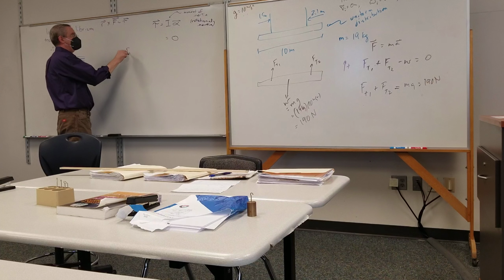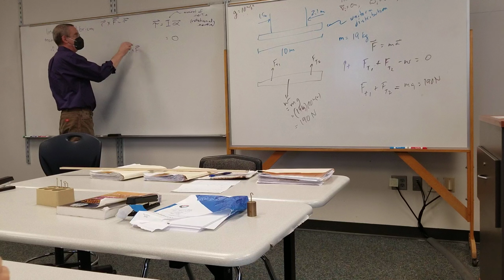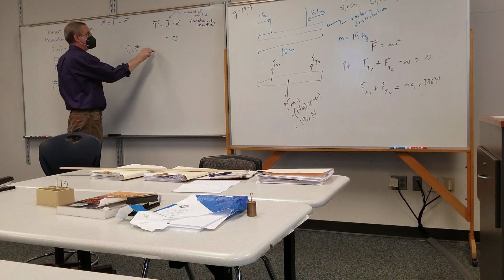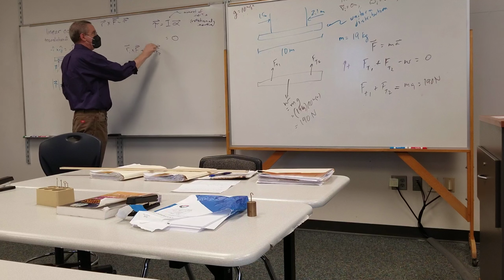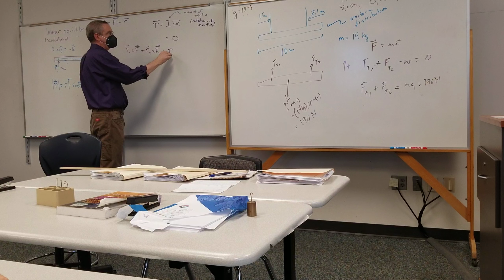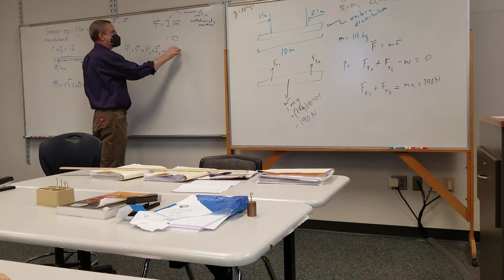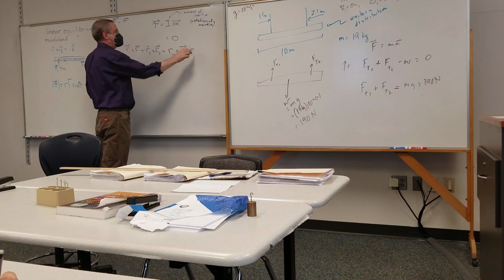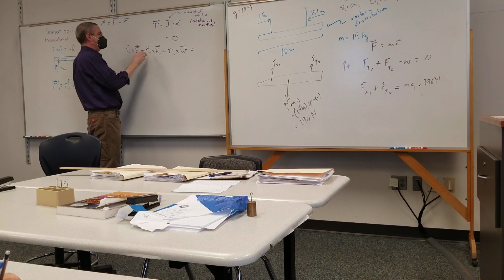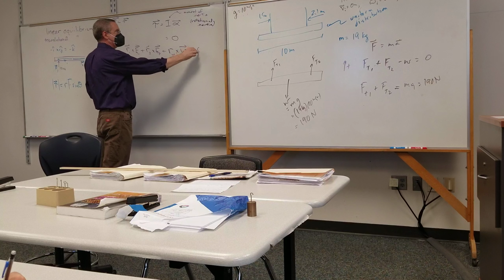So I got R1 cross F1 plus R2 cross F2 plus, I'll just call it RW cross W. Oh, I guess FT1 and FT2 is equal to 0.